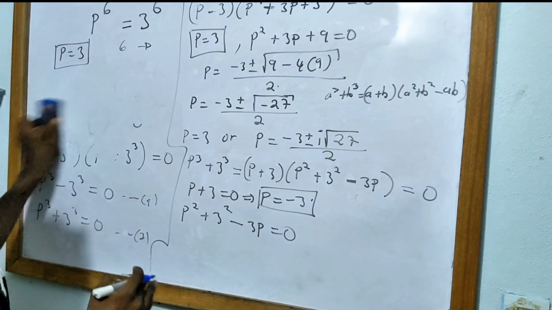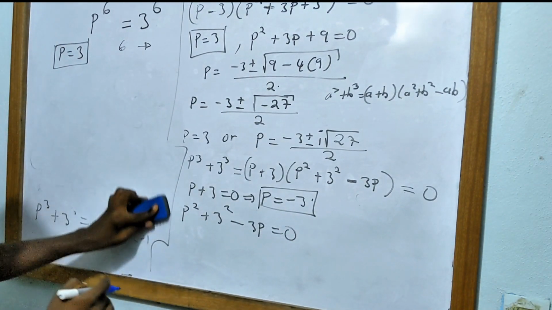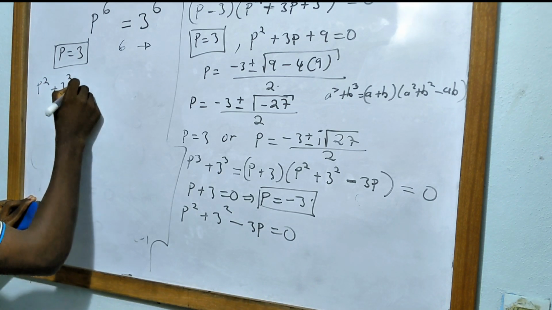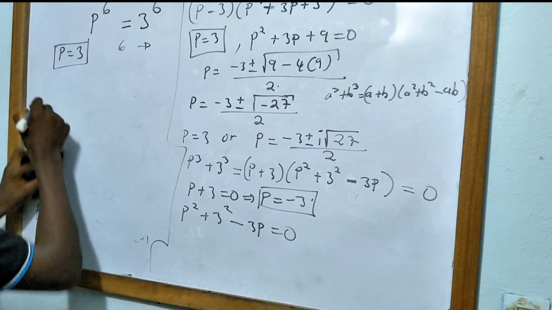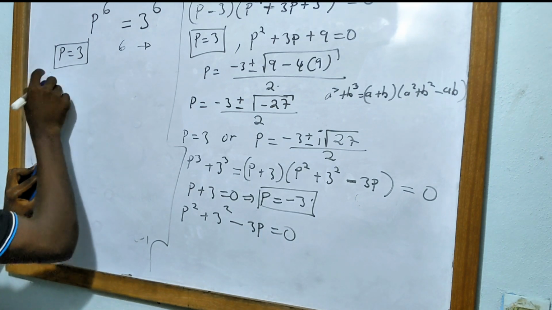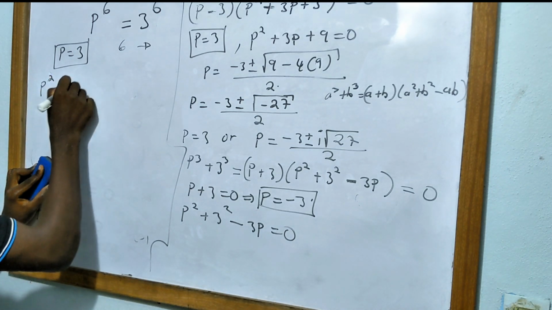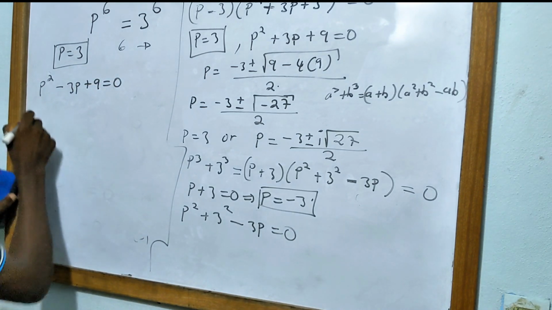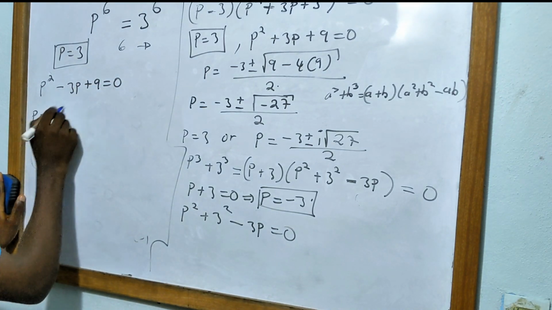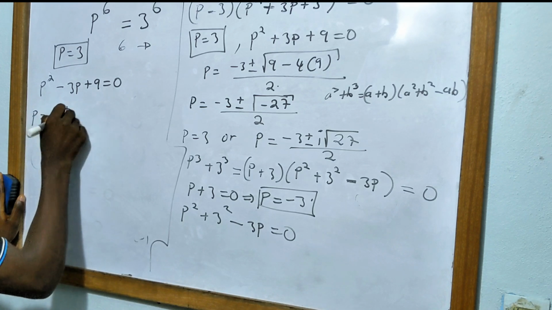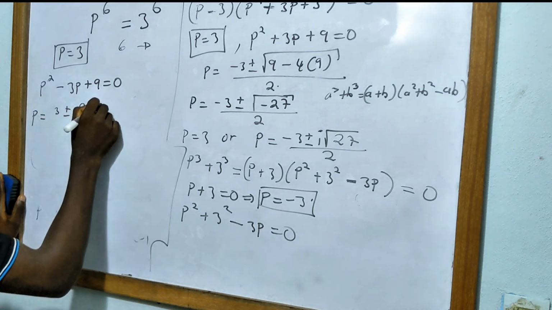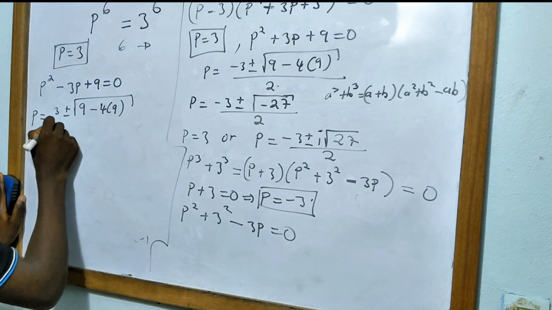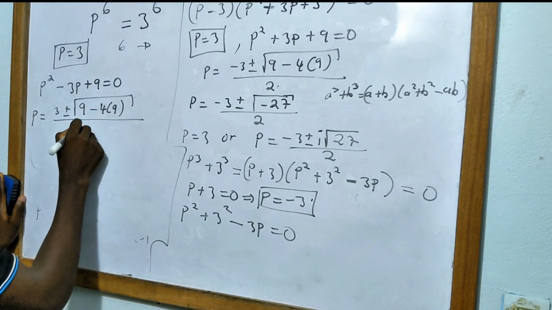Let's solve it here. We have p squared plus 9 minus 3p, that is p squared minus 3p plus 9 equals 0. Simplify it with the formula. p is equal to negative b plus or minus the square root of b squared minus 4 into 9, all over 2.